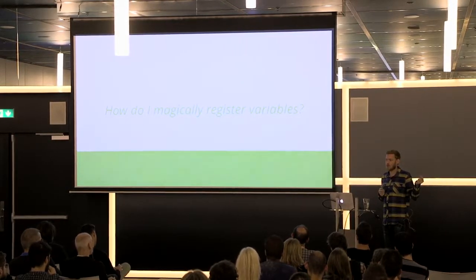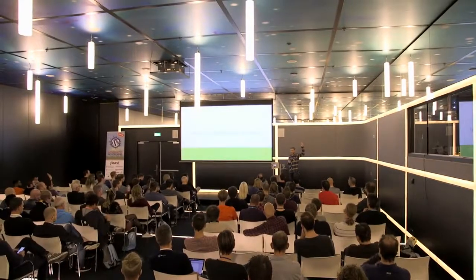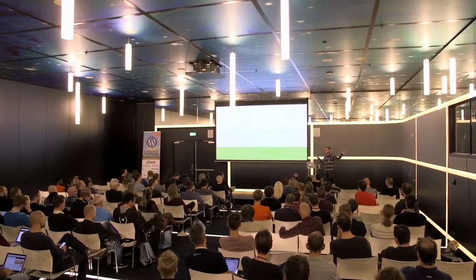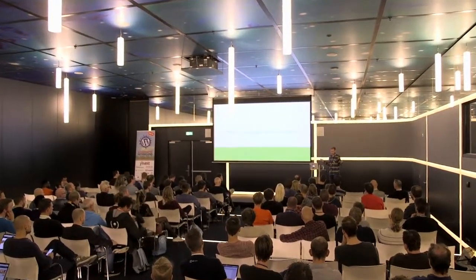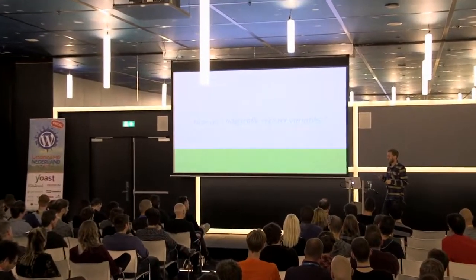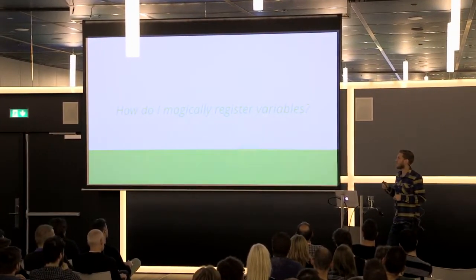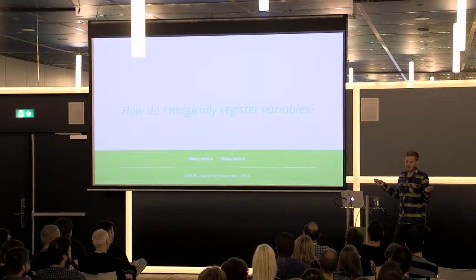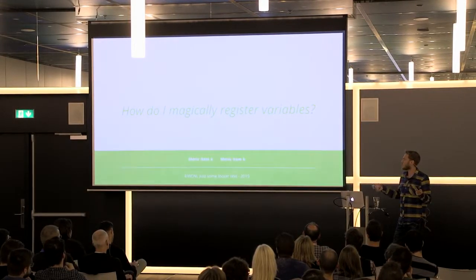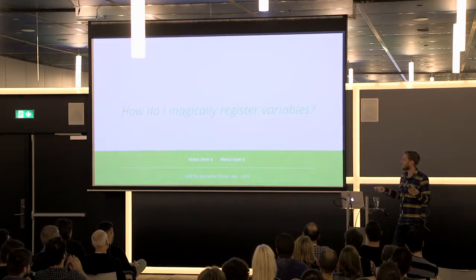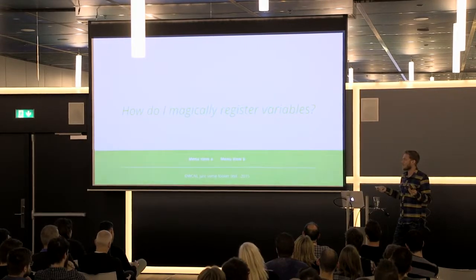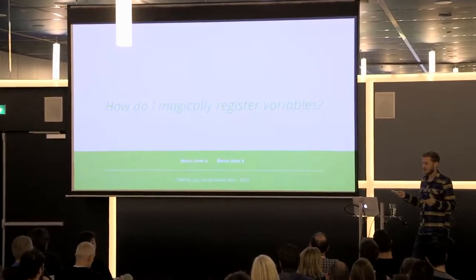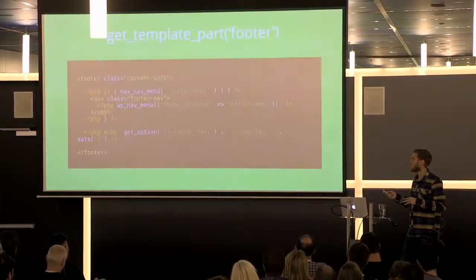Who knows WP Post, the global? Well, it's just there. It magically appears, and we can do this also with Clarkson. I'm introducing a little example of how to create some footer site-wide. These are some code examples.